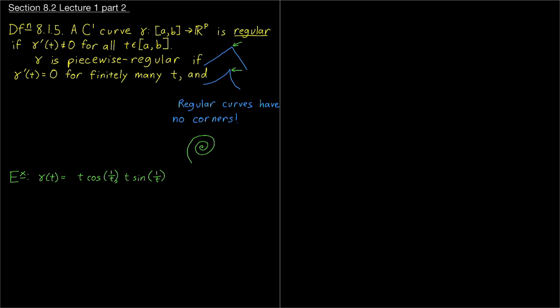So it spins around infinitely many times before it gets to the target point, gamma of 0 equals (0, 0).